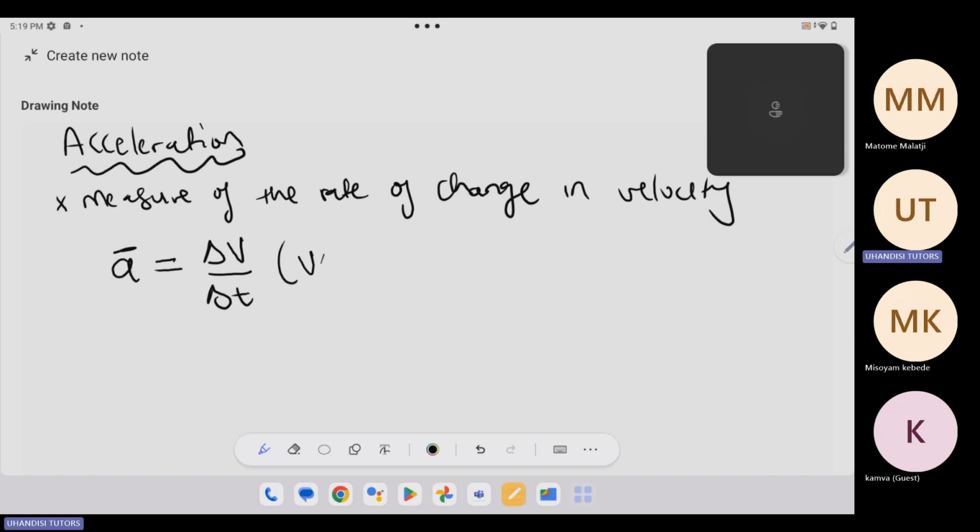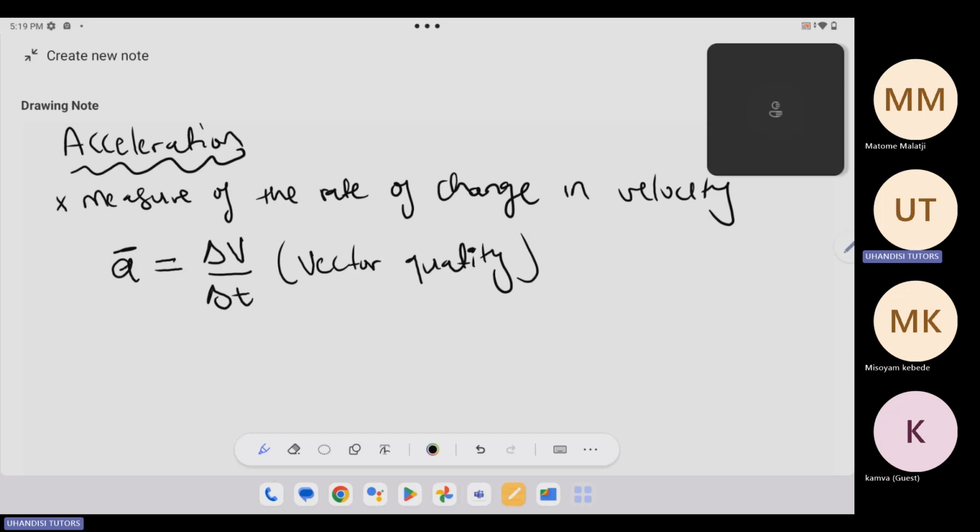And remember, the acceleration is a vector quantity, right? So now, how can you measure the acceleration? You can measure the acceleration of an object if you have the initial and the final velocity and the time interval between the changes that happen in between.